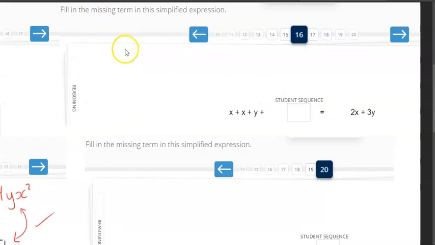For this question, we're going to fill in the missing term in this simplified expression. So what this is saying is we have x plus y plus some unknown expression will give us 2x plus 3y. Now we can see that there is this 2x already here, and x plus x is 2 lots of x. So this component with the x's is fine.